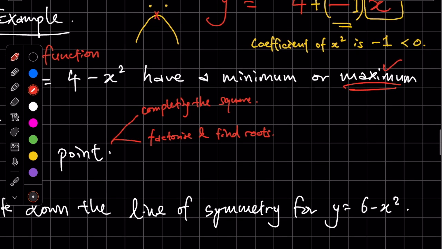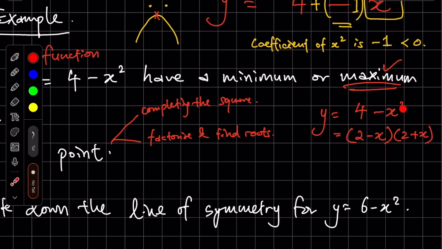So what do I mean by this? y equals 4 minus x squared. Factorize into 2 minus x, 2 plus x. It's a squared minus b squared, where b squared is x squared and a squared is 2 squared. So you get this. Now let y equals 0.